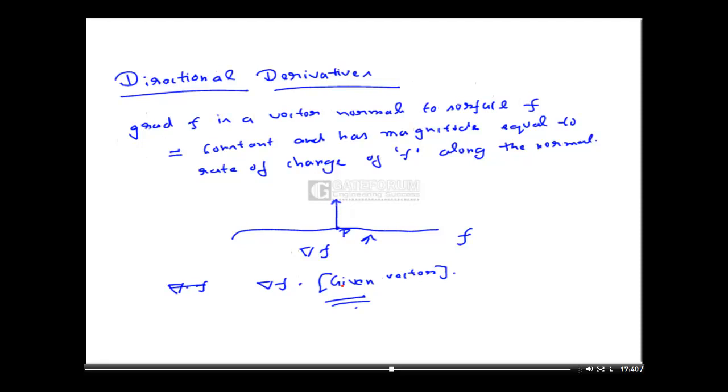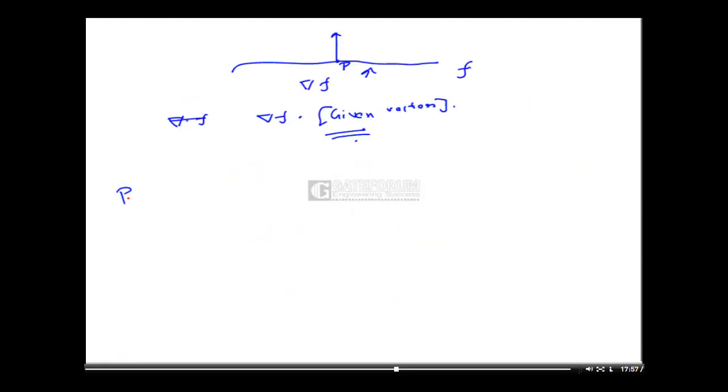Okay, so this directional derivative can be found by first finding the gradient of a function and then finding the dot product of that gradient with the given vector. Okay, so we will see the problems.